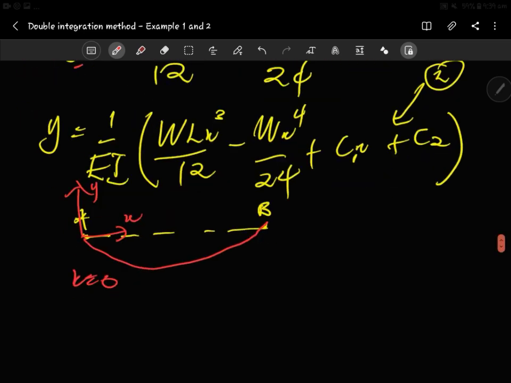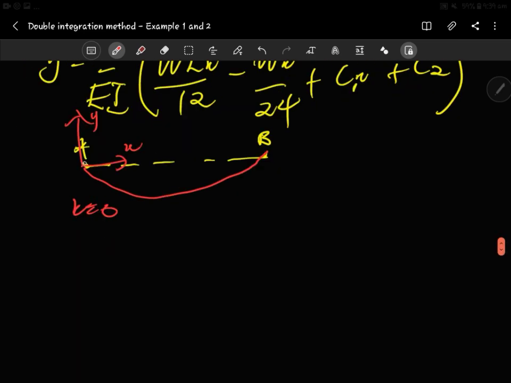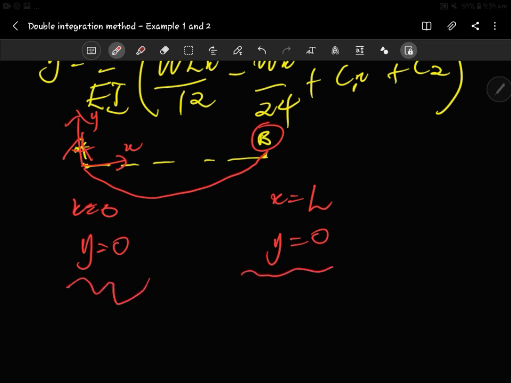At the point A, our x is 0, and our deflection y is 0, right? At point B, we have x equal to the full length of the beam, and our deflection is 0 here too. So these are the two sets of boundary conditions that help us find the constants.